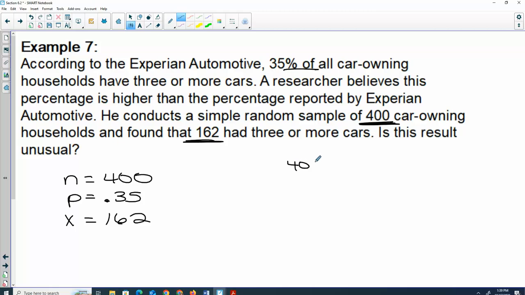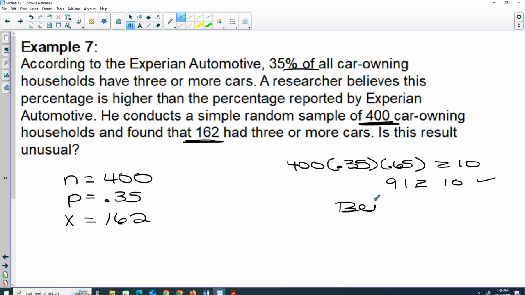So N times P times 1 minus P gives me 91, which is definitely more than 10. So that means our graph is bell-shaped, so we can use the empirical rule.